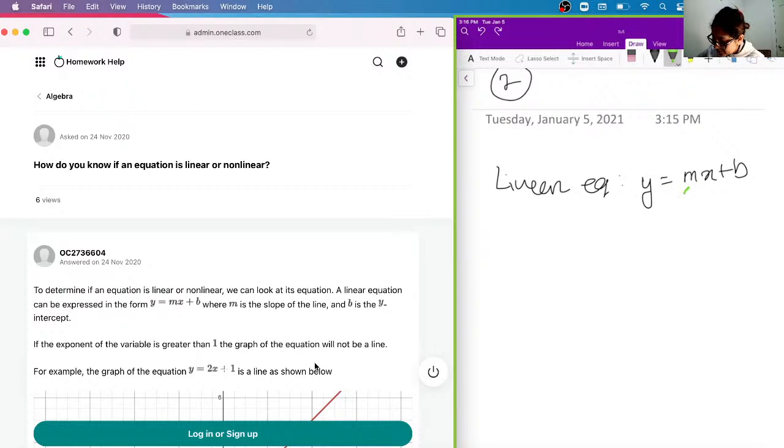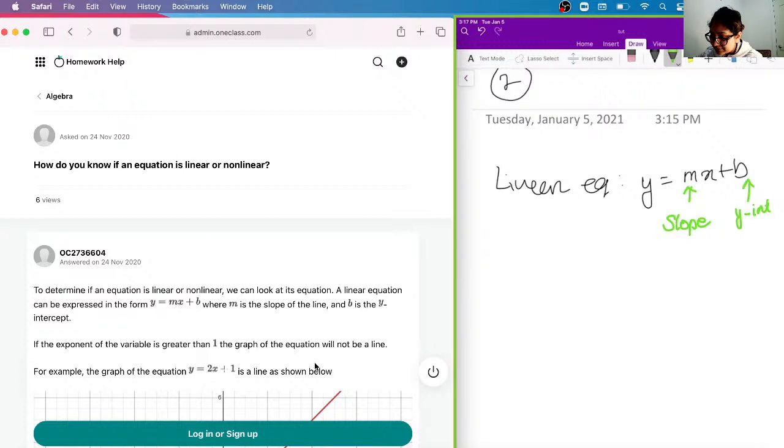So this is your slope, this is your y-intercept, right? And so, if the exponent of the variable is greater than 1, the graph of the equation will not be a line.